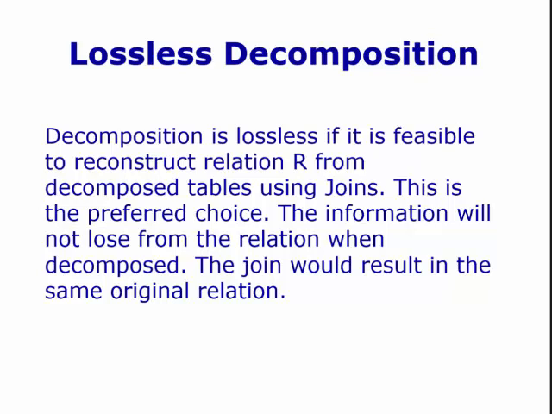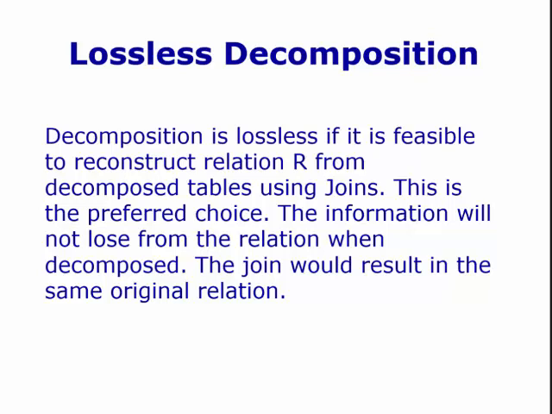A relational table is decomposed or factored into two or more smaller tables in such a way that the designer can capture the precise content of the original table by joining the decomposed parts. This is called lossless join, or we can call it non-additive join decomposition.